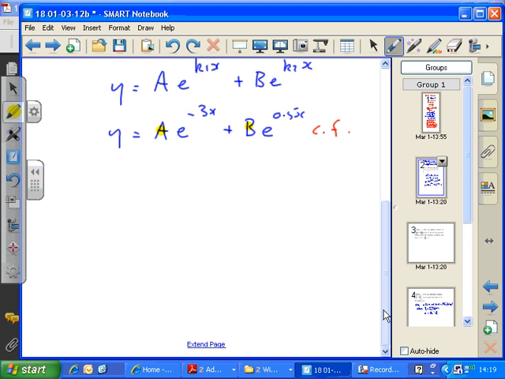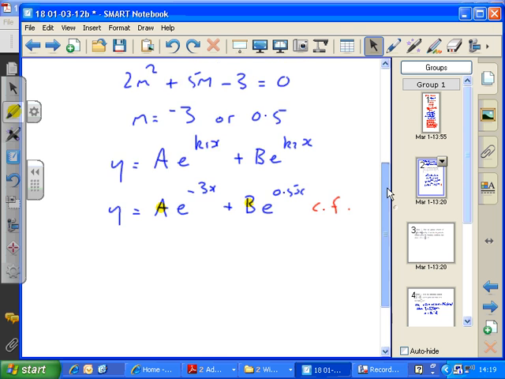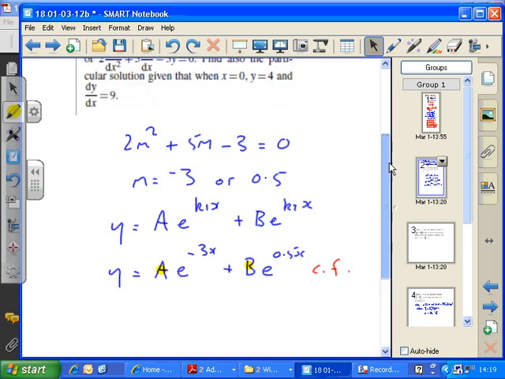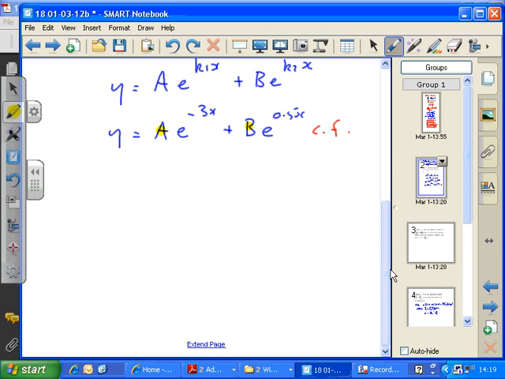We've got that y = Ae^(−3x) + Be^(0.5x). So we look at the first set of conditions: when x = 0, y = 4.